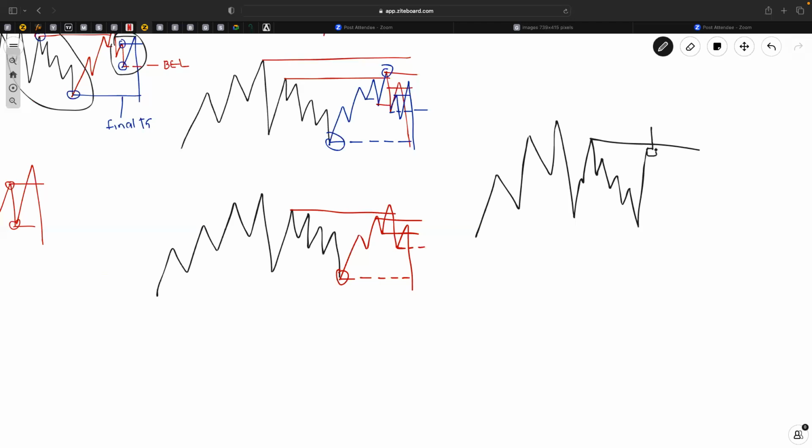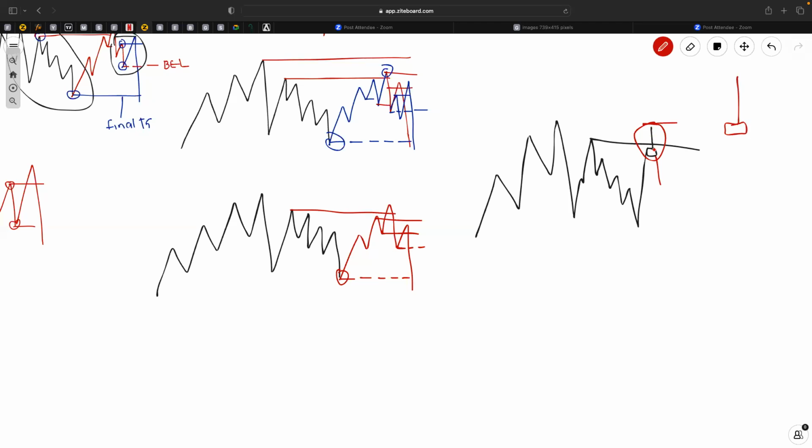Now close below this guy. So I'll enter from here at the beginning of the new candle right here. And my stop loss will be right here. So this is candle confirmation, which is what you call the pin bar.